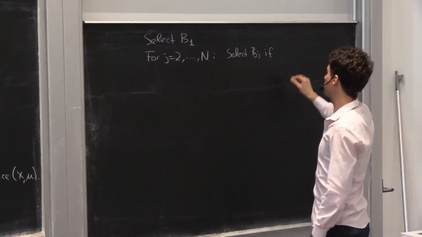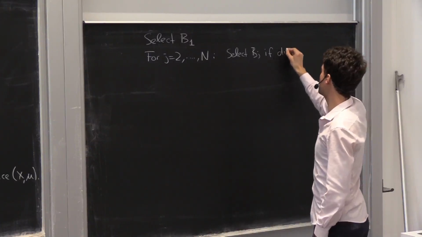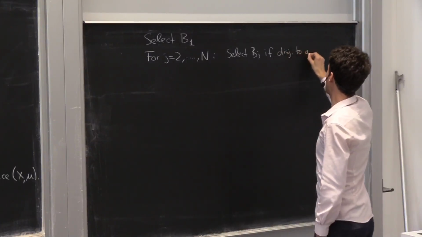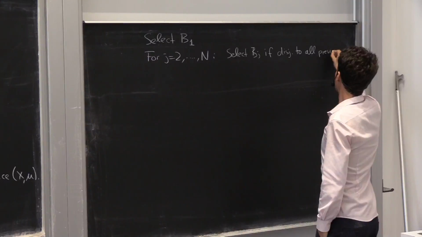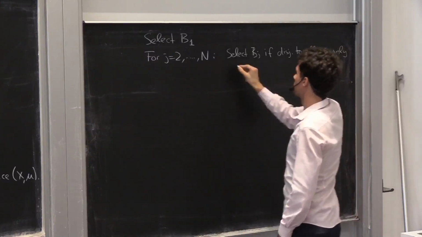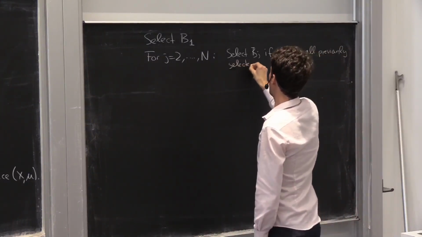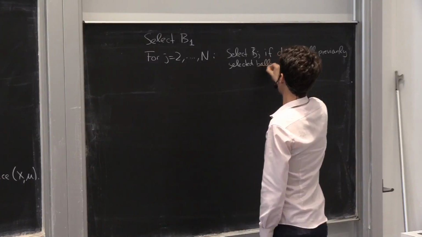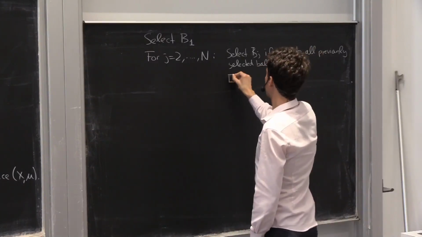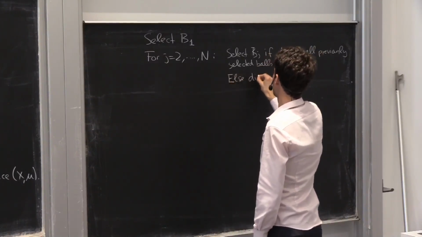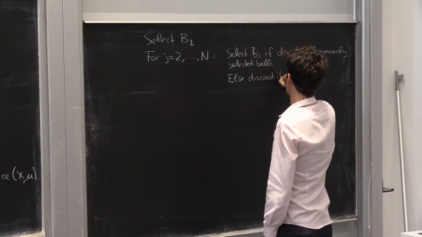So I'm going to select Bj if it is disjoint to all previously selected balls, and else I'm going to discard it. Right?